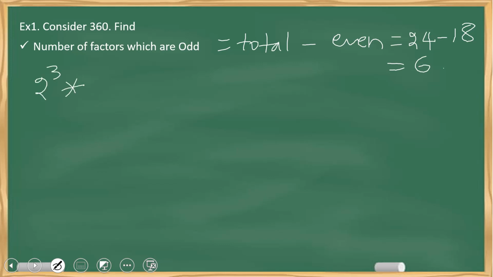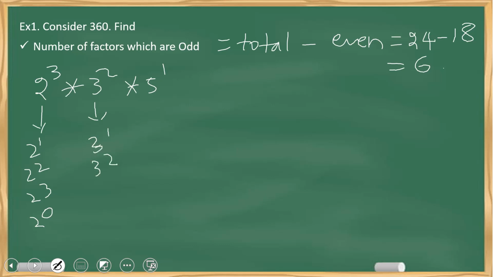2 power 3 into 3 square into 5 power 1. In 2 power 3 again, 2 power 1, 2 power 2, 2 power 3 and 2 power 0. And in 3 square, 3 power 1, 3 power 2 and 3 power 0. And again 5 power 1, 5 power 0.